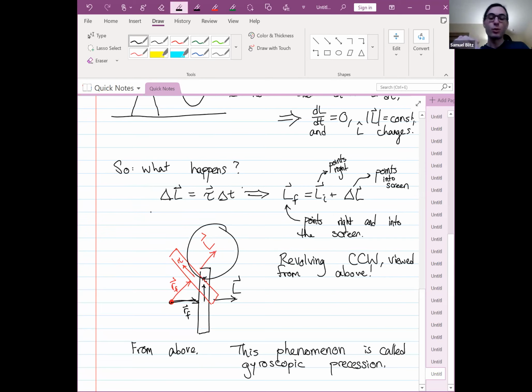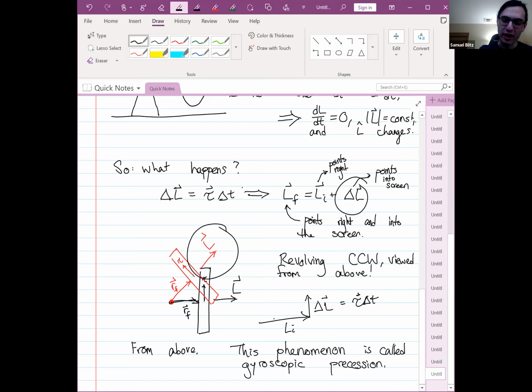And so the angular momentum after a little bit is in the same direction as the original angular momentum, plus a little bit in the new direction, in the direction of the torque. So you take a vector, say this is L_i, and then you add to it a little bit of delta L, which is equal to the torque times delta t.